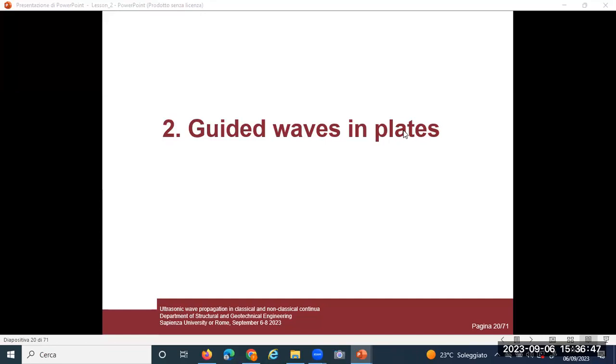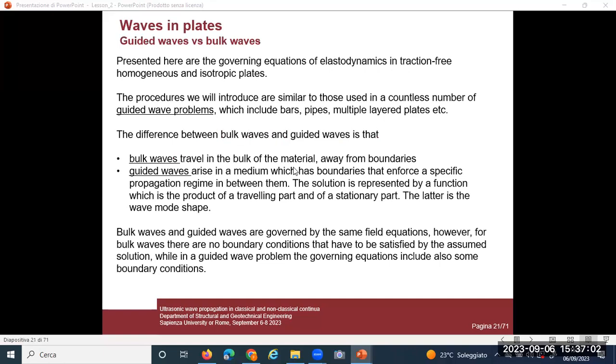Now, let's move on to one of the other subjects that are related to reflection and transmission, which is guided waves in plates. Here we will consider only plates that are traction-free.